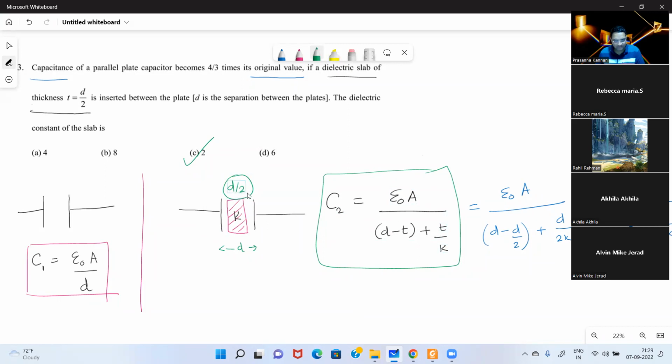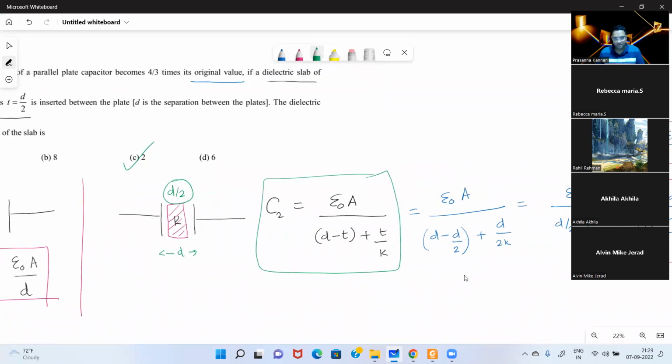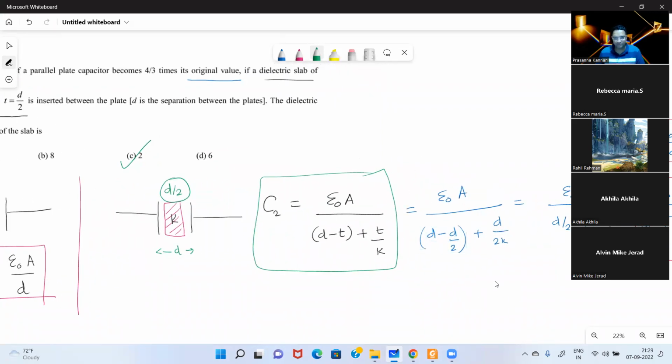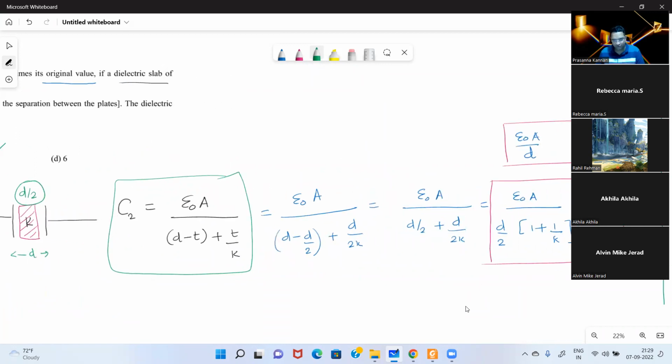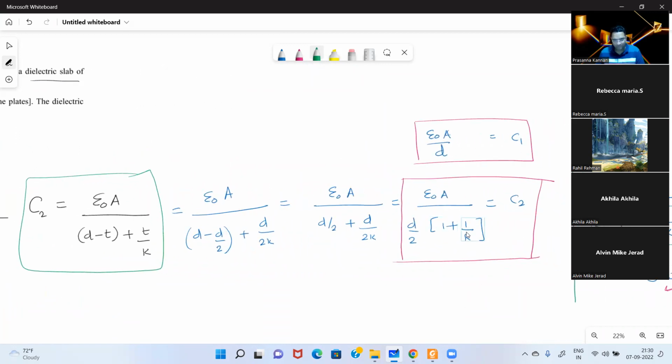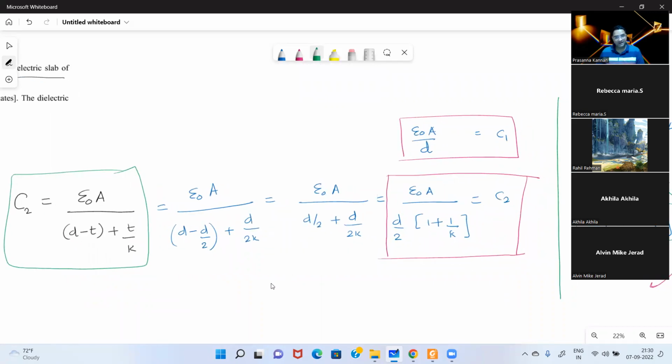Here, the partial space it is occupying is D by 2, so I can substitute D by 2 here. D minus D by 2 is D by 2, plus D by 2K. You can take D by 2 outside common and get 1 plus 1 by K. That's going to be C2. C1 is epsilon naught A by D. In the question, it's given that the new capacitance becomes 4 by 3 times the original capacitance.